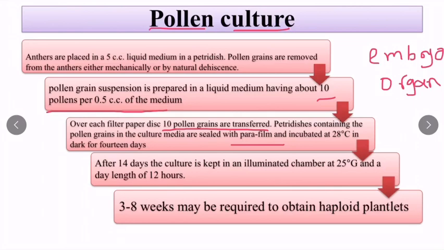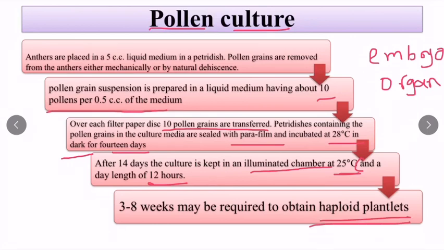This is done to avoid any contamination problem, and they are incubated at 28 degrees centigrade in the dark for 14 days. After 14 days, the culture is kept in an illuminated chamber in light condition at 25 degrees centigrade and a day length of 12 hours. 3 to 8 weeks may be required to obtain haploid plants.